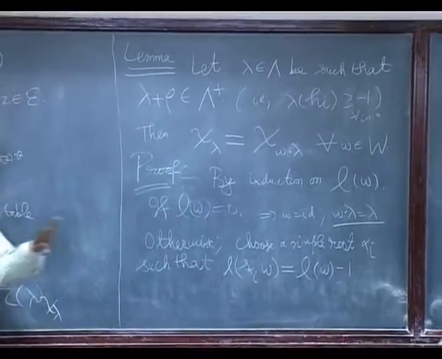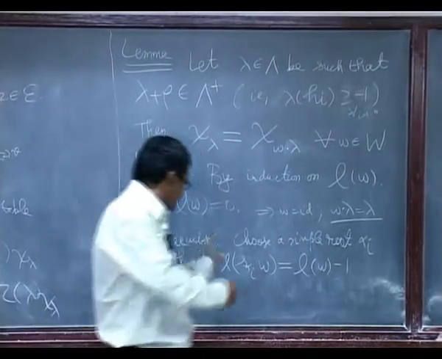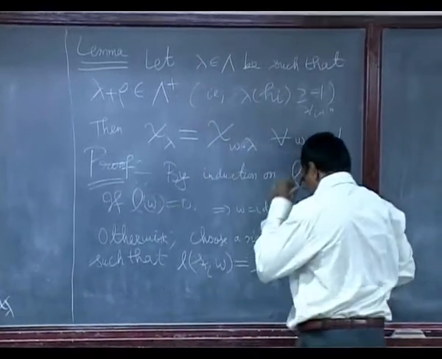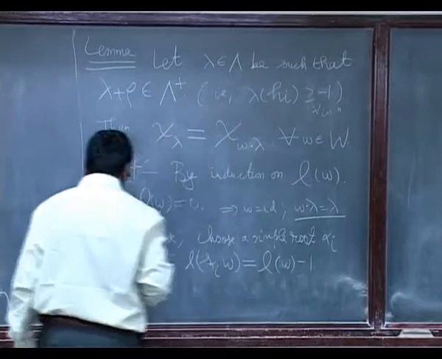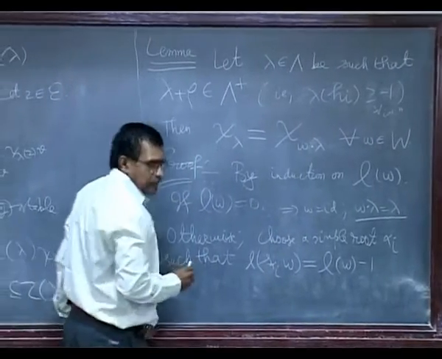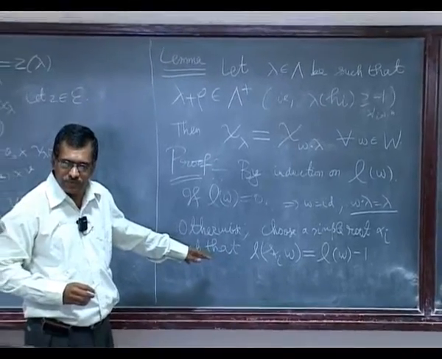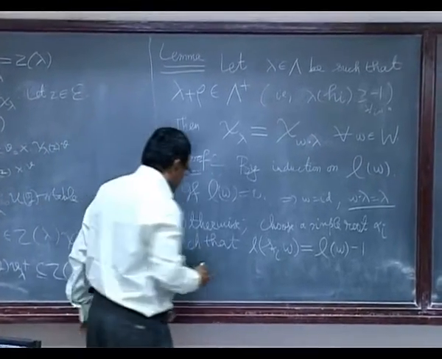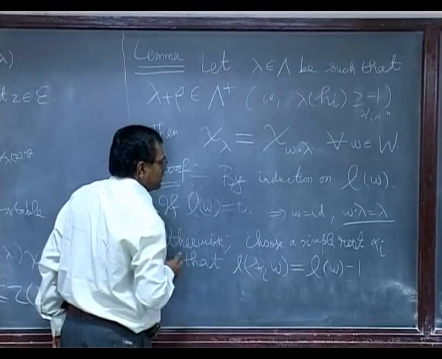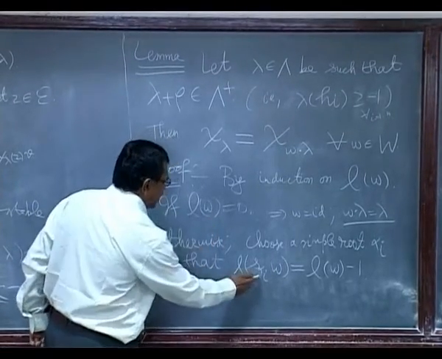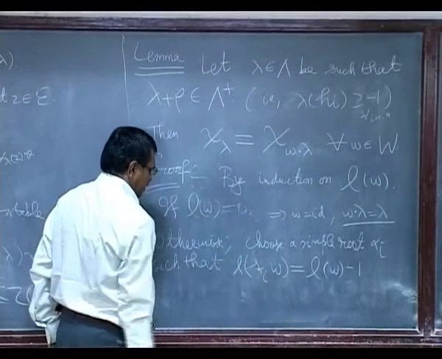You can always choose this using a reduced expression. Here s_alpha_i is the reflection corresponding to that simple root alpha_i.